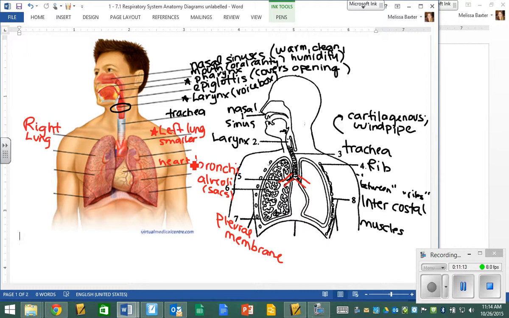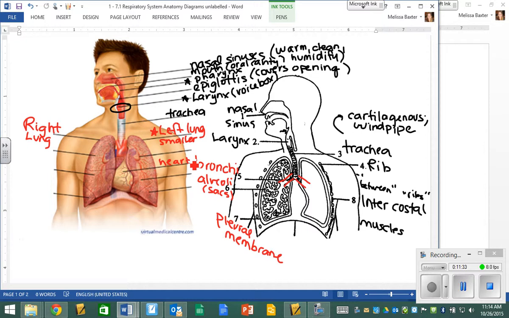Now, much like the picture to the right, we're labeling some of the other parts of the lung. Your lungs actually have lobes to them, like there are different sections to the lung, and we're not going to get into the details of what the different parts of your lung are called.